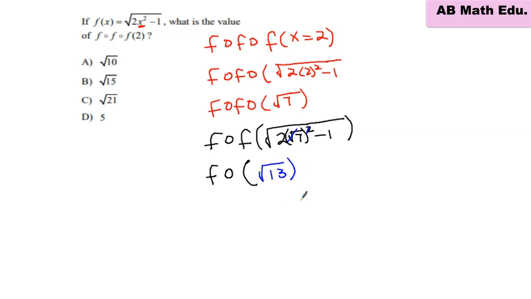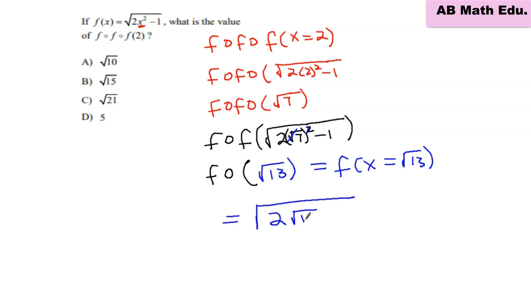Now we're going to do the final substitution. So wherever we see x, we are going to replace it with the square root of 13, and that's going to be our final evaluation here. So the meaning of this is f of x where x is root of 13. So as we put it in there, it's just going to be 2 times root 13 squared minus 1.